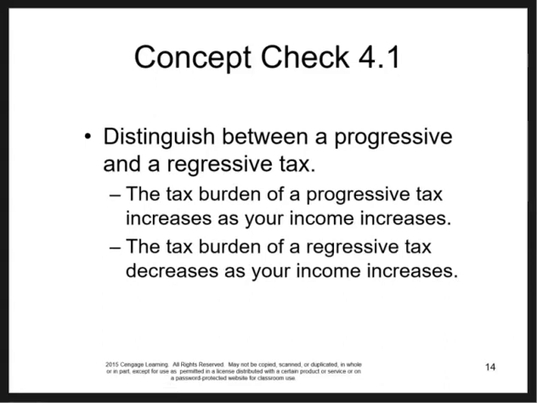Sales tax is a regressive tax because somebody with lesser income probably spends all of their income in a given year. Somebody with greater income is going to be able to save and probably purchase things where they don't have to pay sales tax, and so forth.